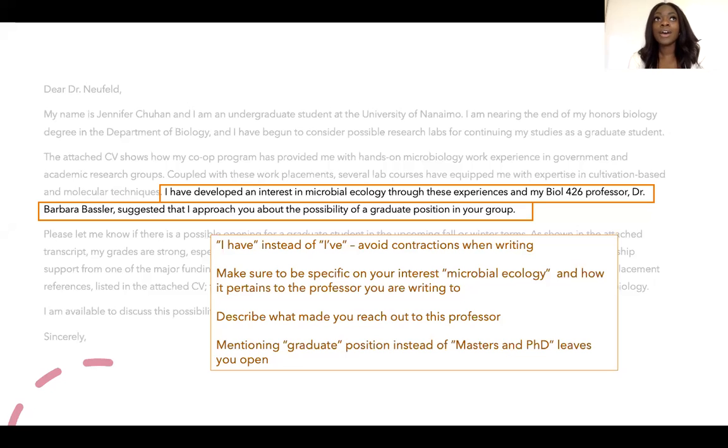Say if my supervisor is in carbohydrate chemistry, he's not just chemistry, but he specializes in carbohydrates. I can say I'm very interested in carbohydrate chemistry and not just chemistry, just to show that this email pertains to the professor you're writing to. A good thing to do is also to describe what made you reach out to this professor.